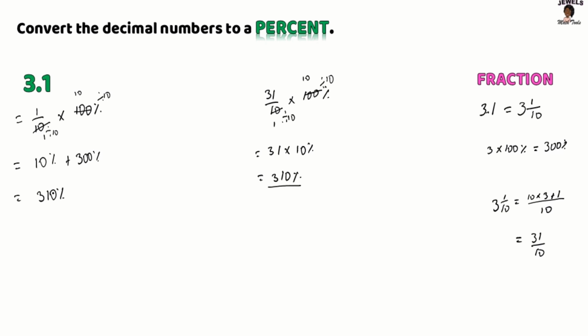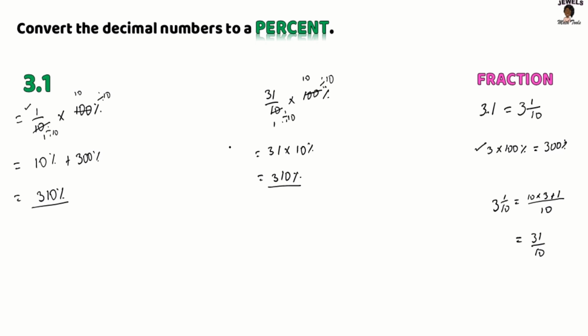So these are just two alternative methods that you could also use to convert your decimal numbers into percentage. You can decide to change it into a mixed fraction and then multiply, but you have to remember that in multiplying, both parts of the fraction, which is the whole number, which was our 3, and the fractional part, which is our 1/10, both have to be multiplied to 100% and then their totals added together.